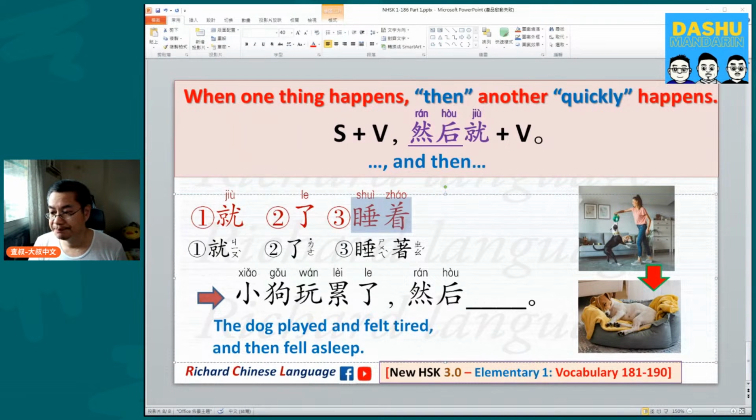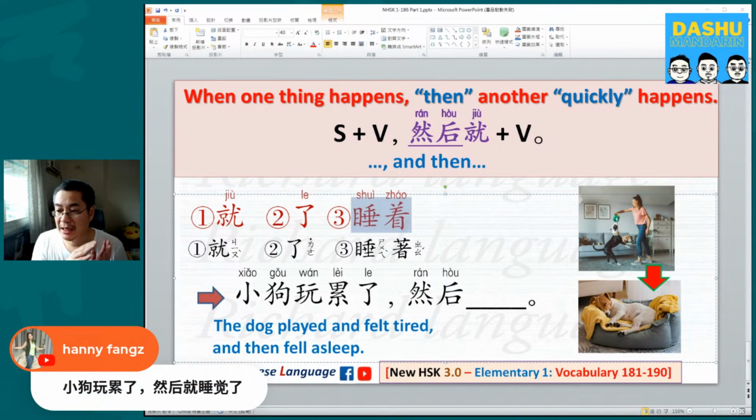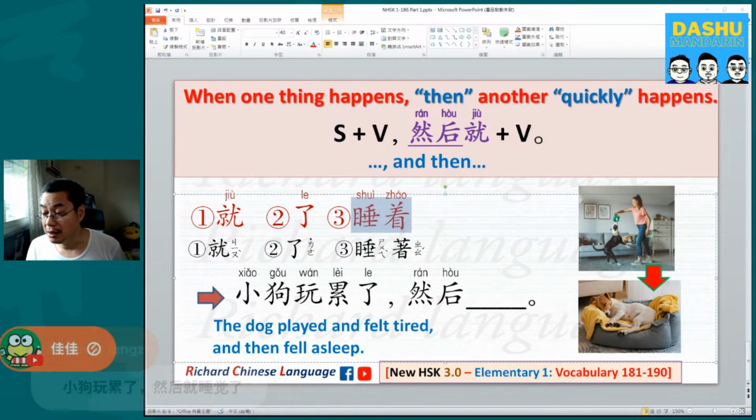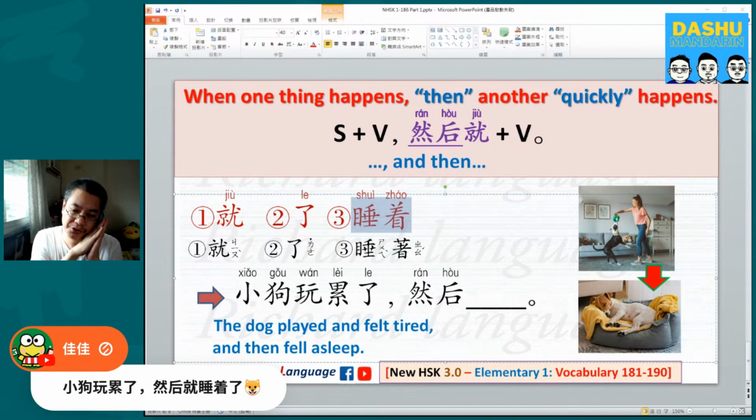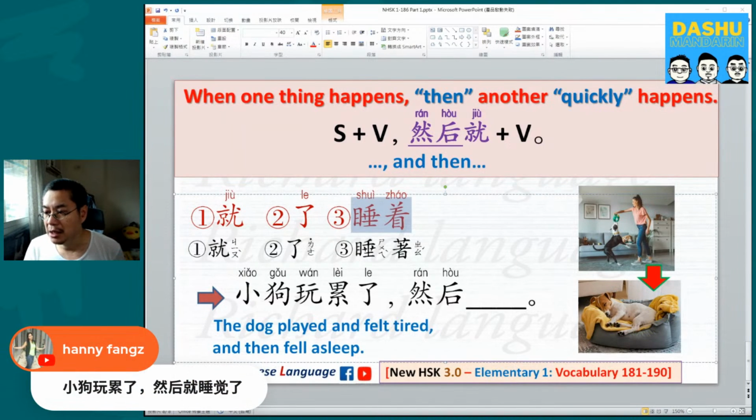What's the answer? 小狗玩累了，然后就睡着了. 睡觉 and 睡着 are different. 睡觉 is a common verb to say go to sleep, 去睡觉, which doesn't mean you fall asleep. You may use 睡觉 to order someone to go to sleep, 去睡觉. 小狗玩累了，然后就睡着了. Okay, very good.